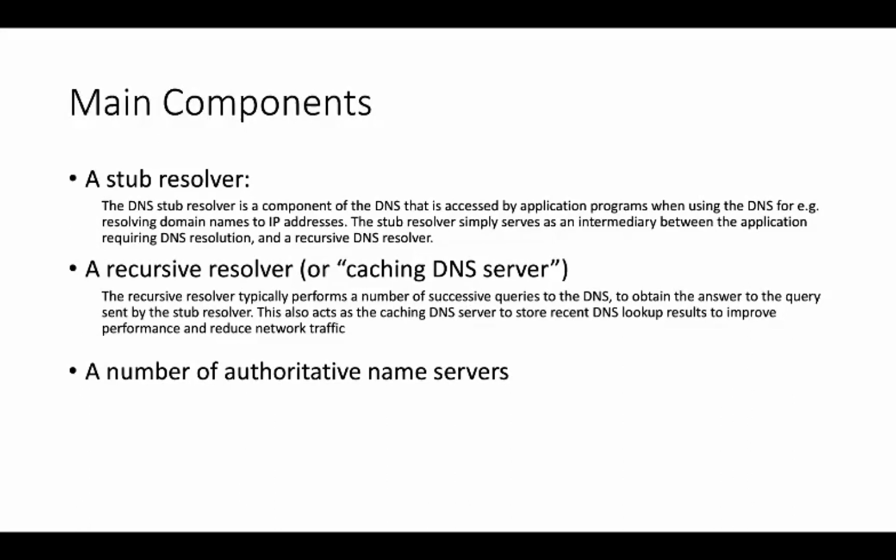So upon a successful request that you send on the internet, this sub resolver goes to the recursive resolver and then makes inquiries to find out if this URL that you've entered has an associated IP address cached on the server.